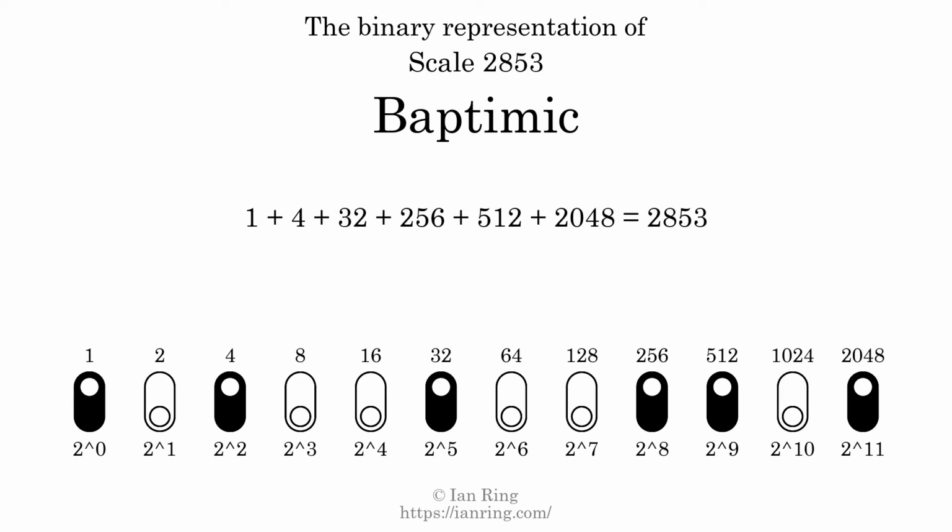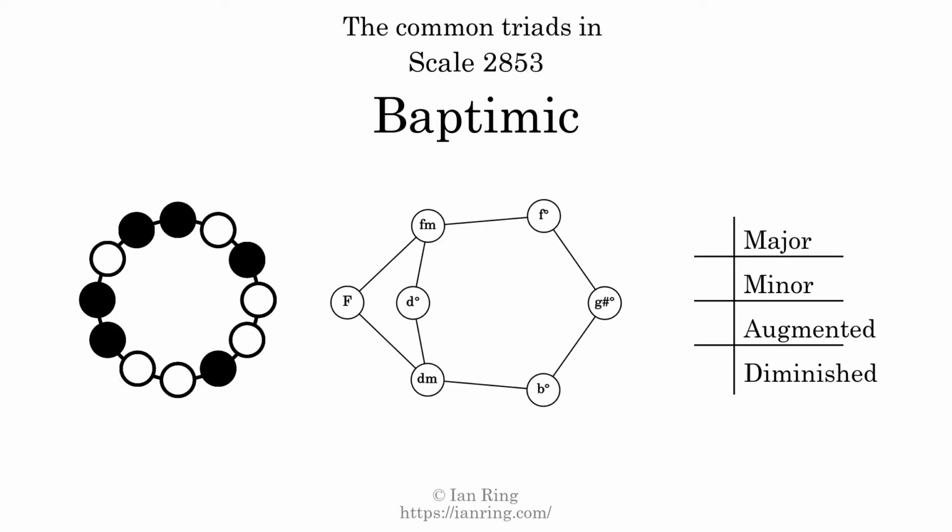That is why the scale number, in decimal, is 2853. The scale number not only enumerates the scale with a unique index, but it also literally describes the tonal content of the scale. Represented as a binary number in base 2, the scale number is 1011001000101.